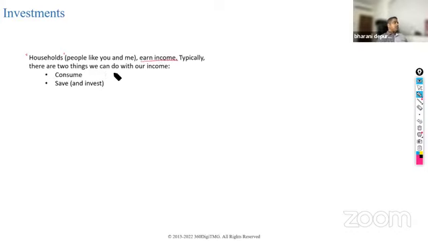Typically, there are two things we can do with our income. One is you either consume your entire income or you save and invest.